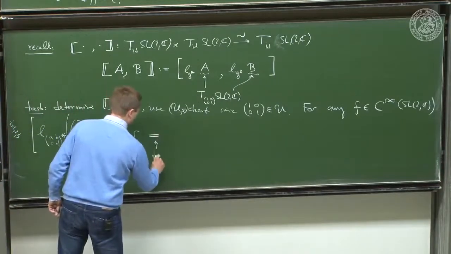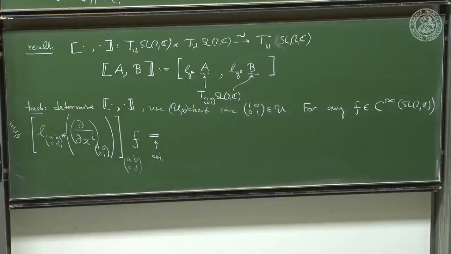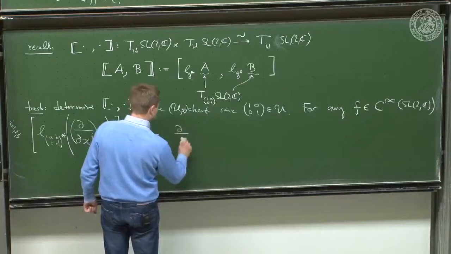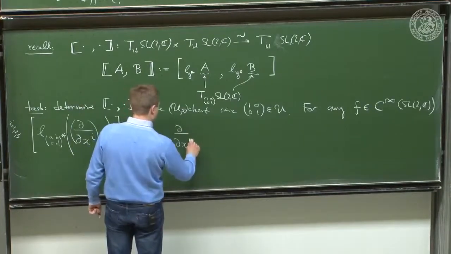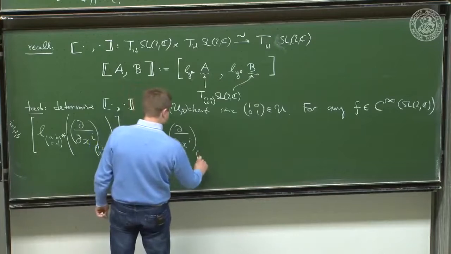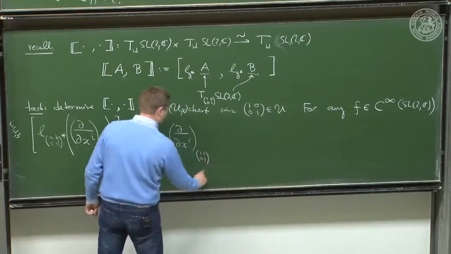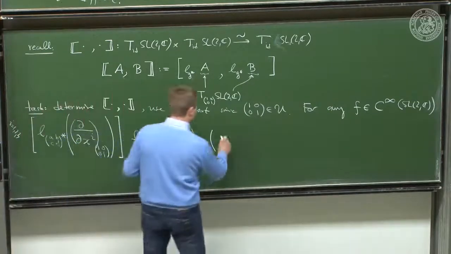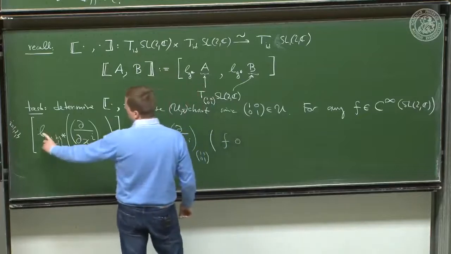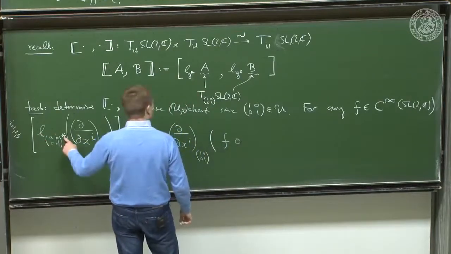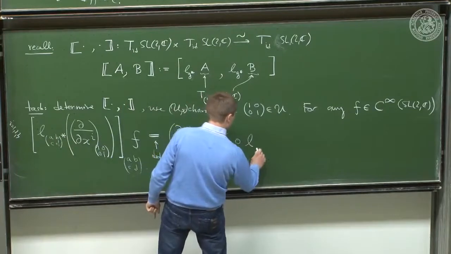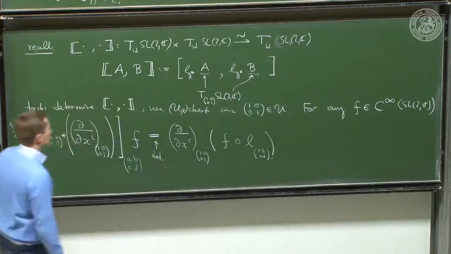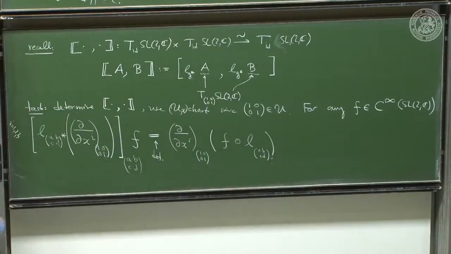Equals. So now we apply our definition. What's the push forward of a vector field? It is the vector field d by dx i at 1, 0, 0, 1, acting on f after the map, the smooth map underlying the push forward. But that's the map L, A, B, C, D, without the star. That's the definition of the push forward.